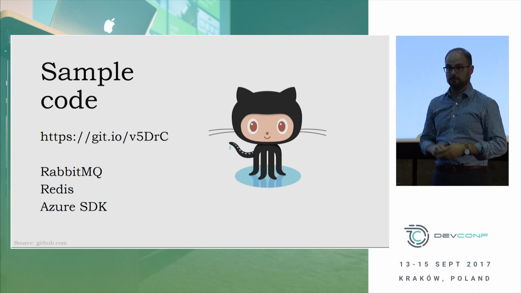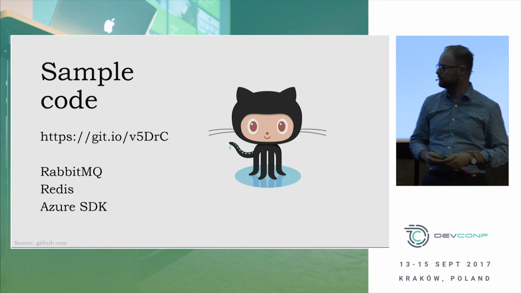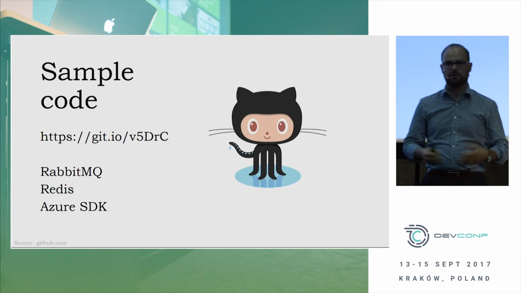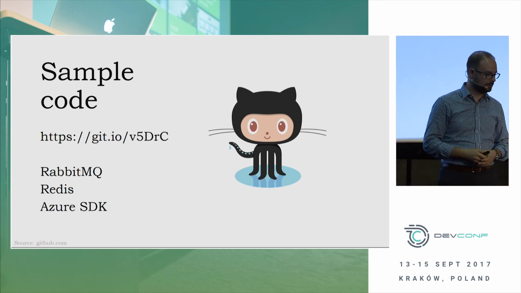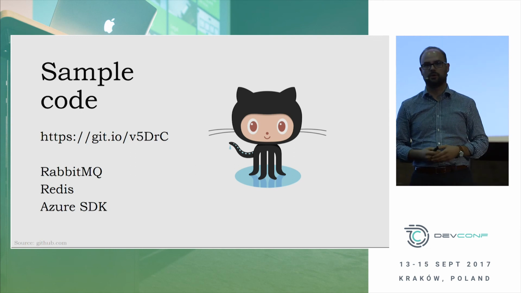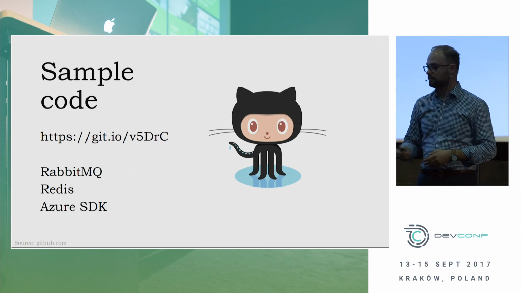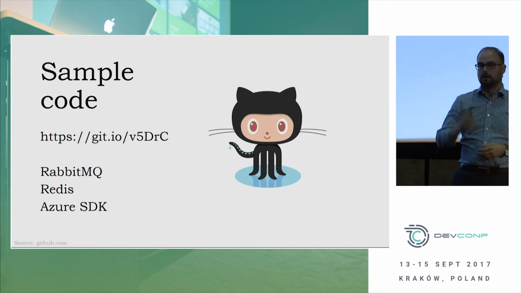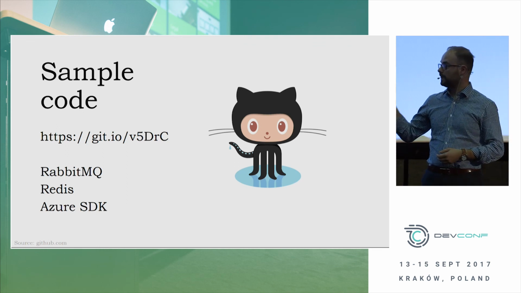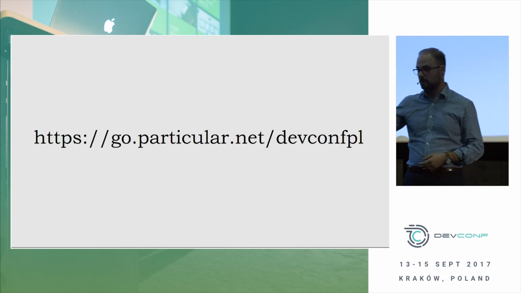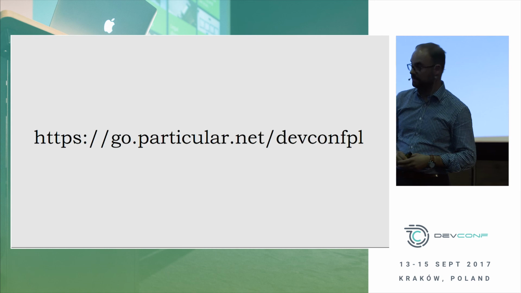The Azure SDK is fairly easy to install from within Visual Studio, no problem here. RabbitMQ and Redis, I was running them in a Docker container on my laptop, which is also a fairly convenient option.